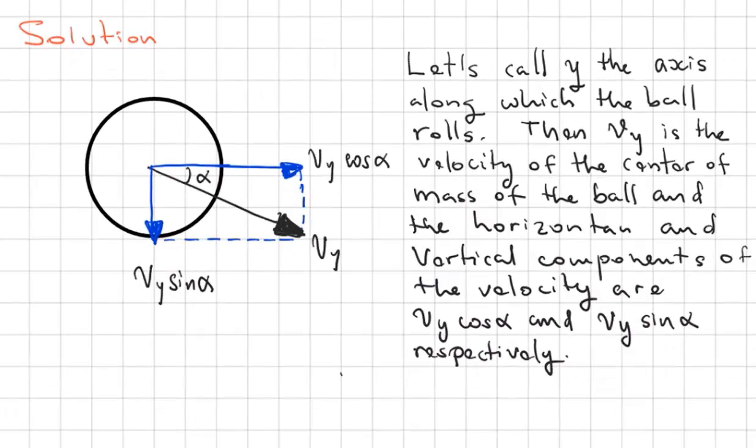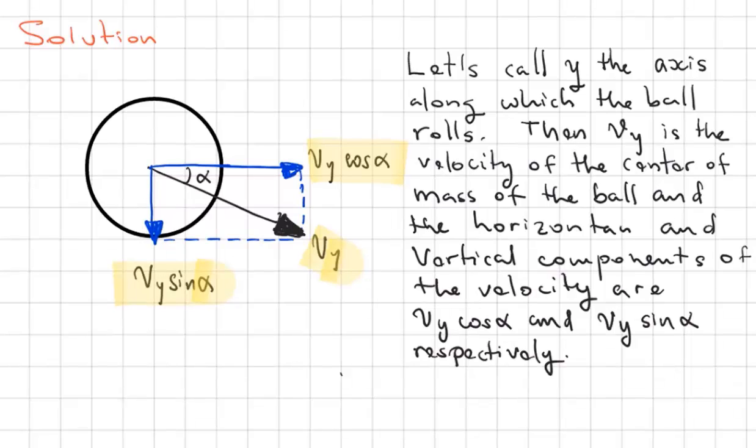We have here a free body diagram with the ball. Here we have the velocity along the y-axis. We are calling y-axis the axis along which the ball rolls. Then Vy is the velocity of the center of mass of the ball, and the horizontal and vertical components of the velocity are Vy cosine of alpha and Vy sine of alpha respectively.